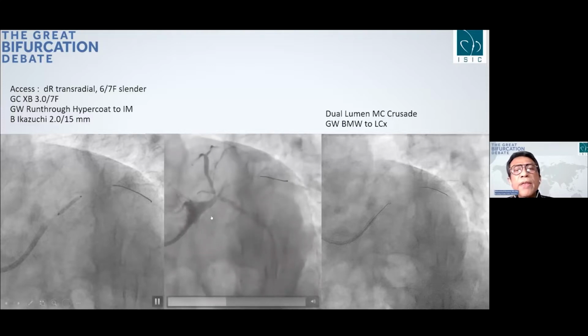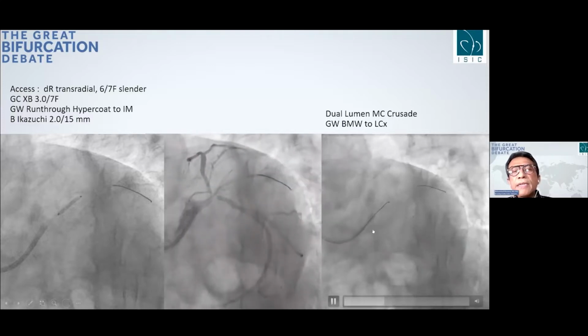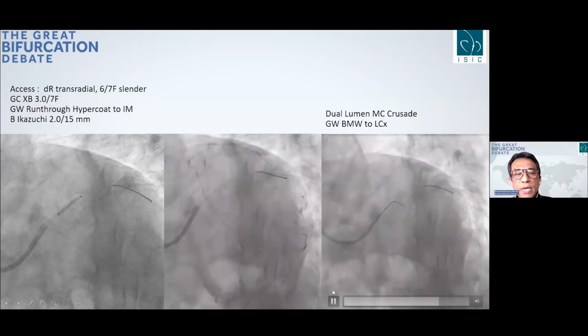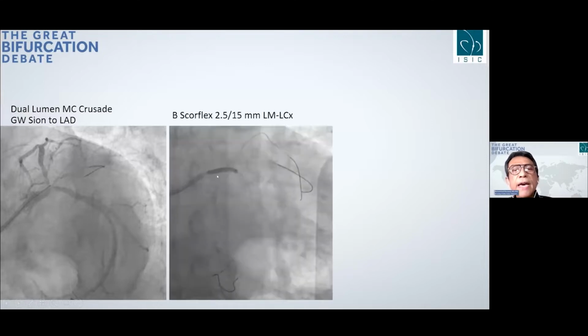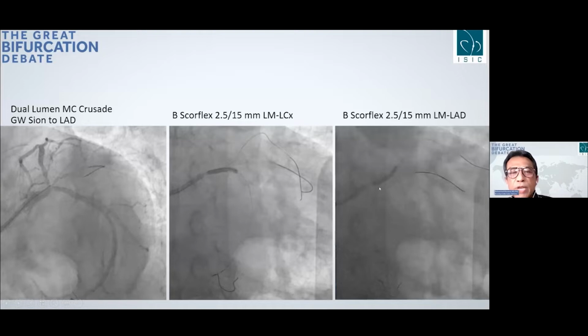Then I can easily go to the circumflex with the dual lumen catheter. And finally, I can cross to the LAD. Because the ramus is very tight, I did not use a regular balloon but a Scoreflex balloon 2.5 by 15 millimeters, and then went to the LAD also with the scoring balloon 2.5.